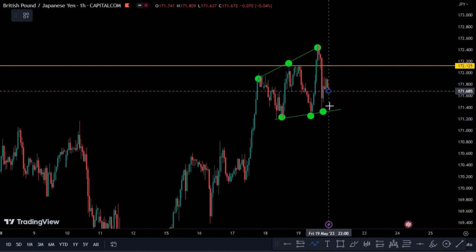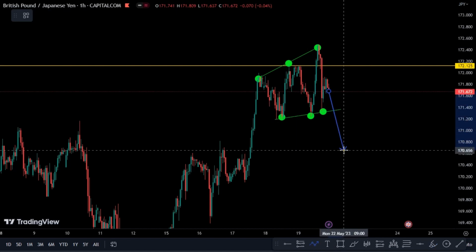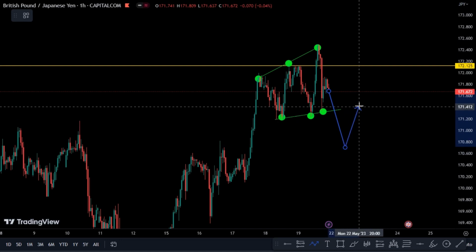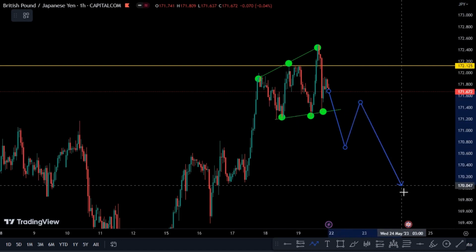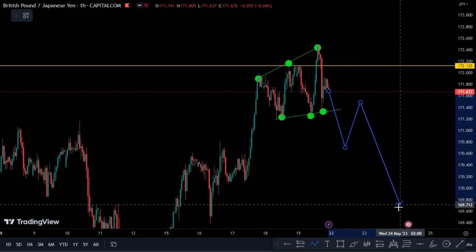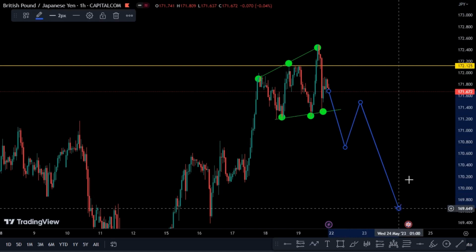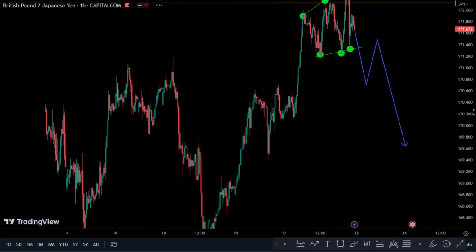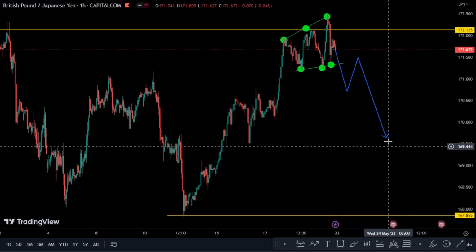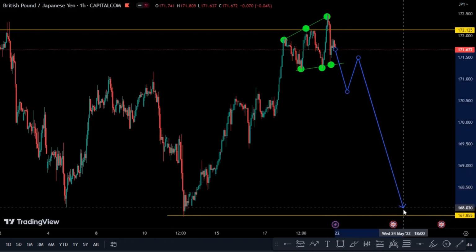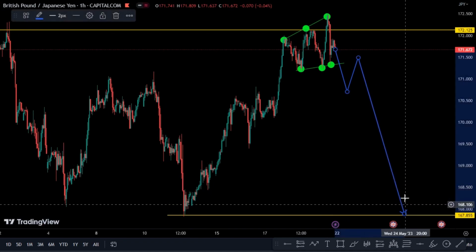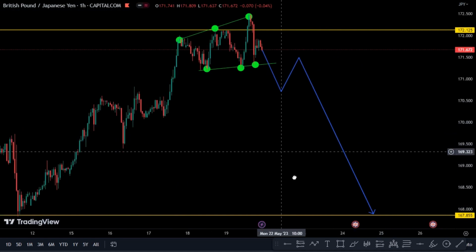Okay, so we would anticipate a break of this structure, maybe a retest, which will also provide us with our lower high, and then this market is going to tank all the way to this area here.